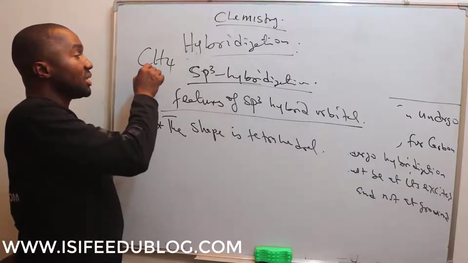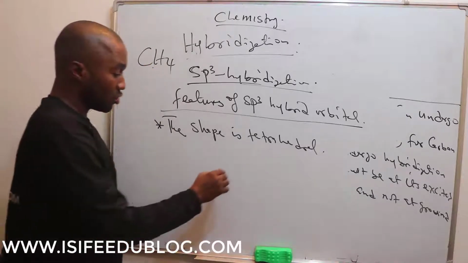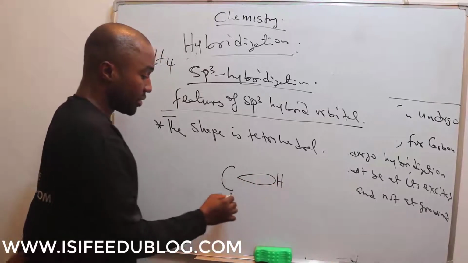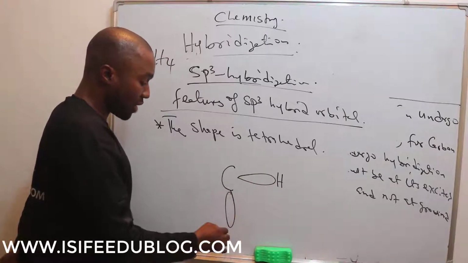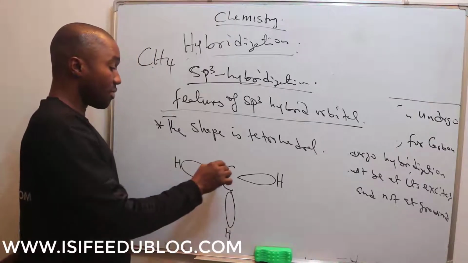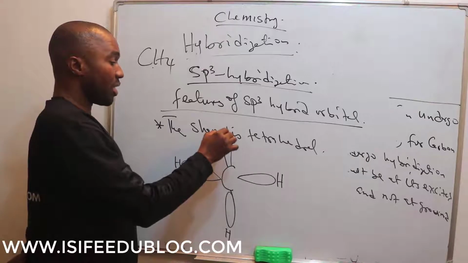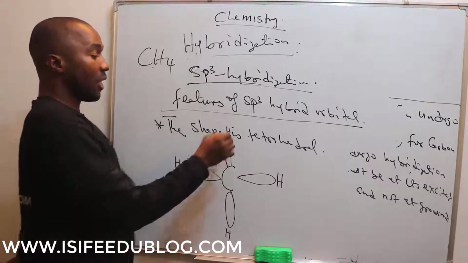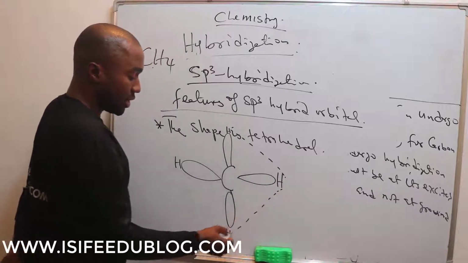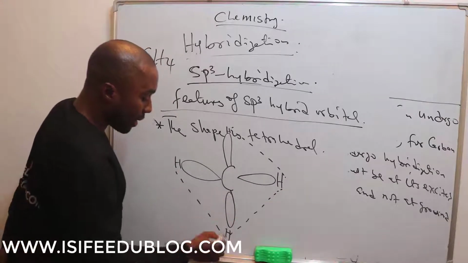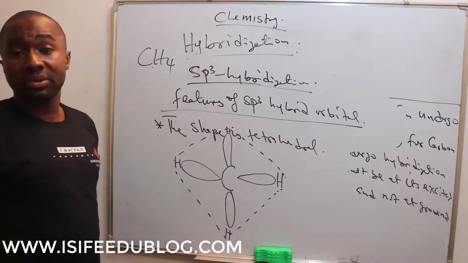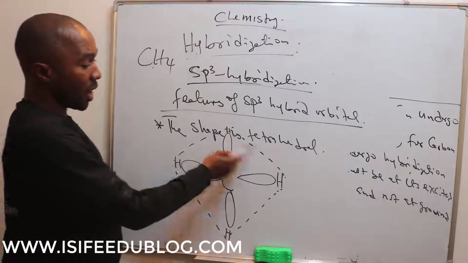The example is the methane we referred to before. The structure of methane is something like this. We have a hydrogen atom, we have another hydrogen atom, another hydrogen, and another hydrogen. All of these are connected to each other in a tetrahedral manner. You look at this compound, it has four sides: 1, 2, 3, 4.